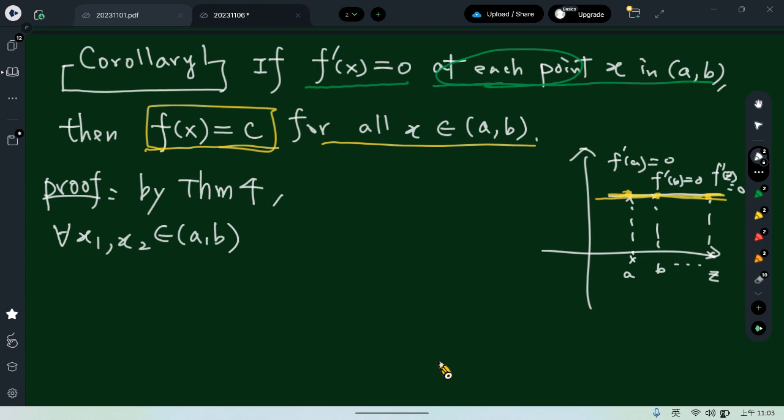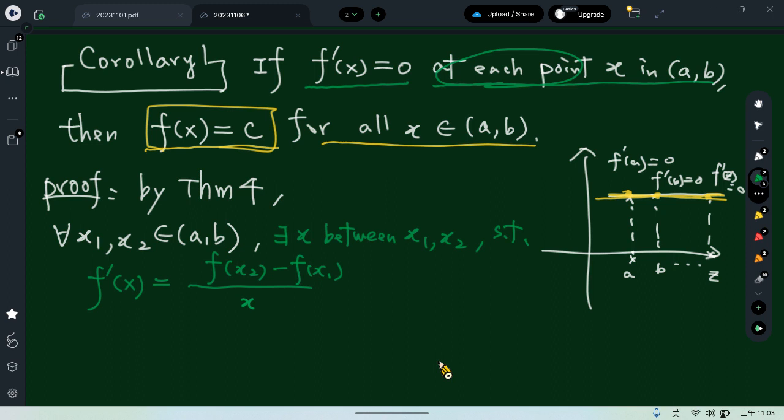Then we can find an x between x1 and x2 such that f prime x is equal to f of x2 minus f of x1 over x2 minus x1, right?